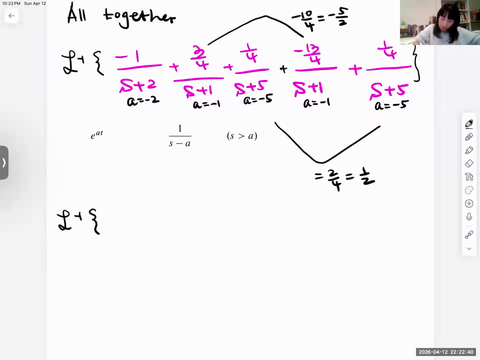Okay, then let's do that one more time. Inverse Laplace of -1/(s+2) plus -5/2 over (s+1) plus 1/2 over (s+5). Yeah.